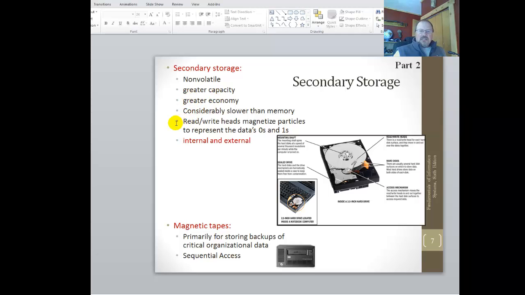Also, read-write heads magnetize particles to represent data zeros and ones. That's a regular, typical hard drive, not an SSD. The platter moves and spins at 5,200, 5,600, or 7,200 RPMs, revolutions per minute, and the faster ones are up around 16,000 revolutions per minute.